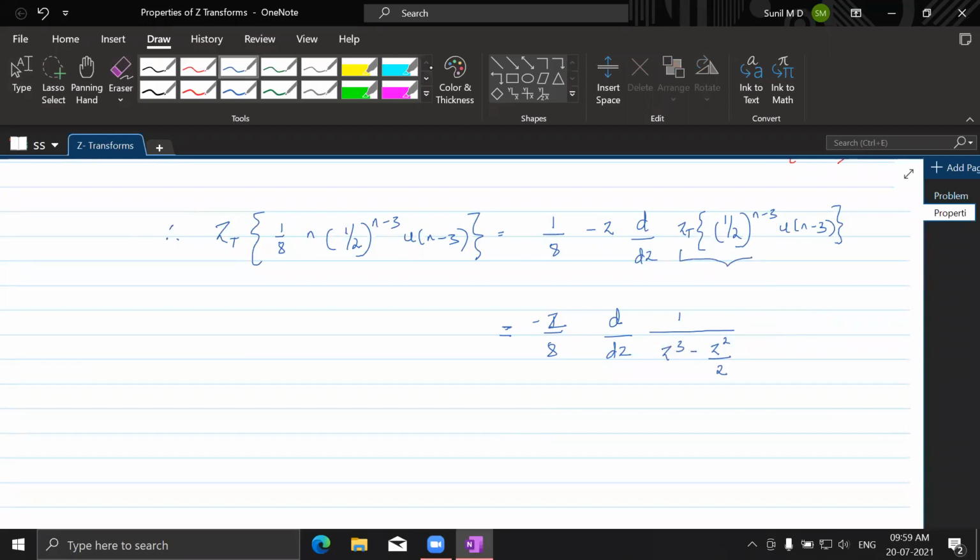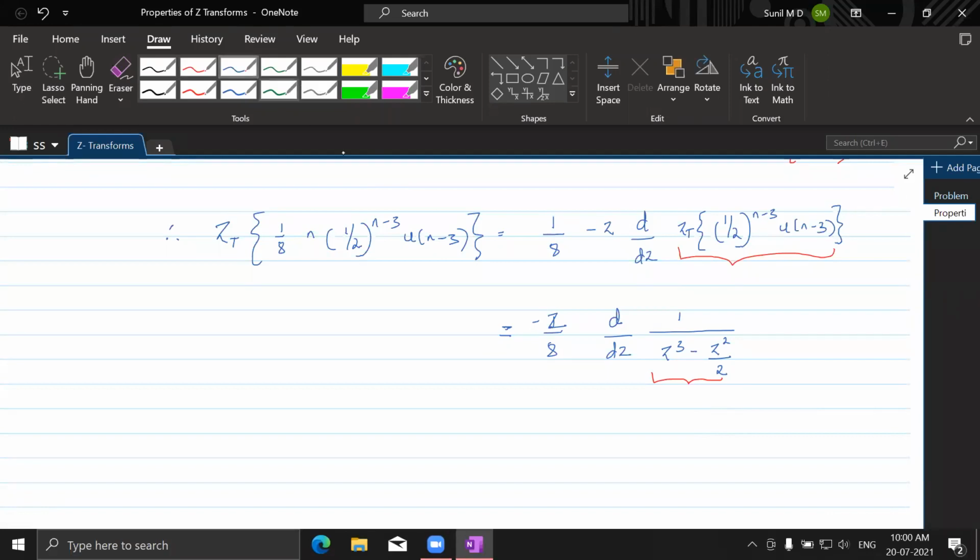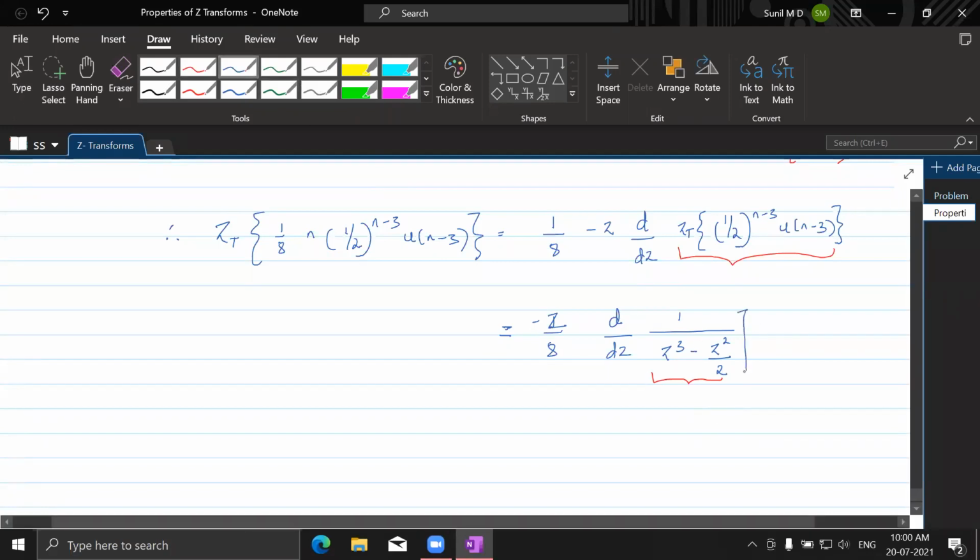Let me just use a different color for that. So this is this. Is it okay with you? Now, everybody differentiate this. Let's see what happens. So this you are differentiating now. It is differentiating 1 by x with respect to x. What would that be? Differentiation of 1 by x with respect to x is minus 1 by x square. So that is what I'm making use of here.